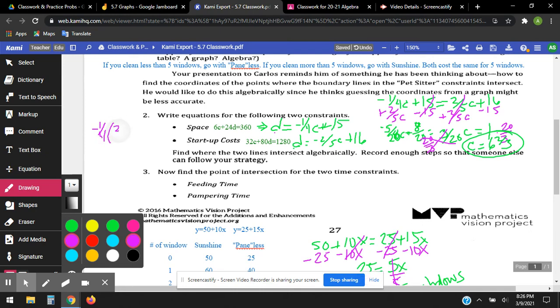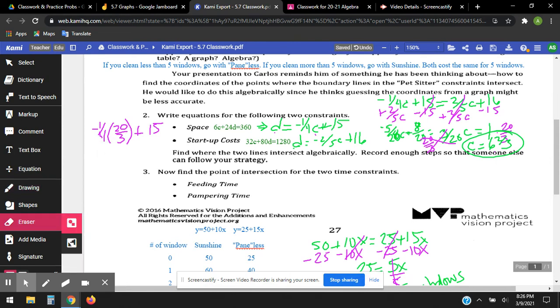I'm going to use 20 over 3 because it's easier to multiply fractions at this point. Just filling in my 6 2/3 for c. Actually, let's cancel. I'm going to run out of space for this.